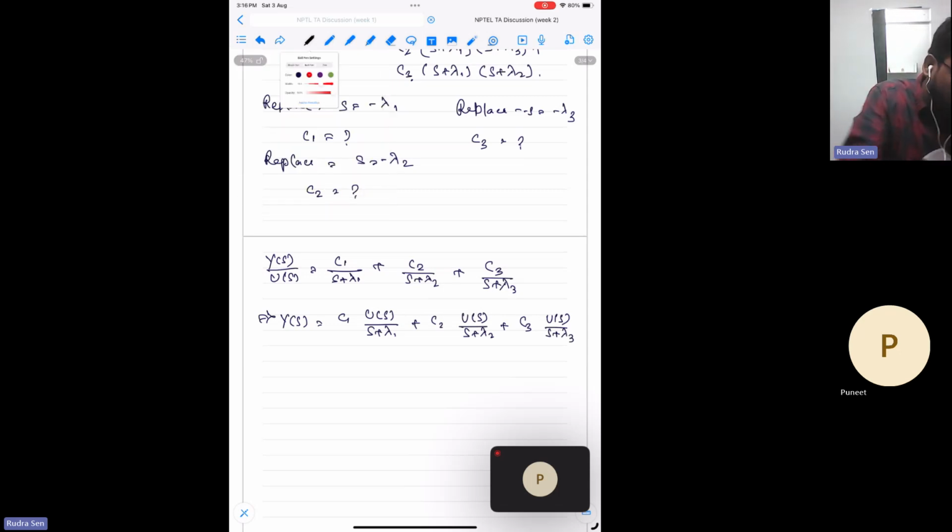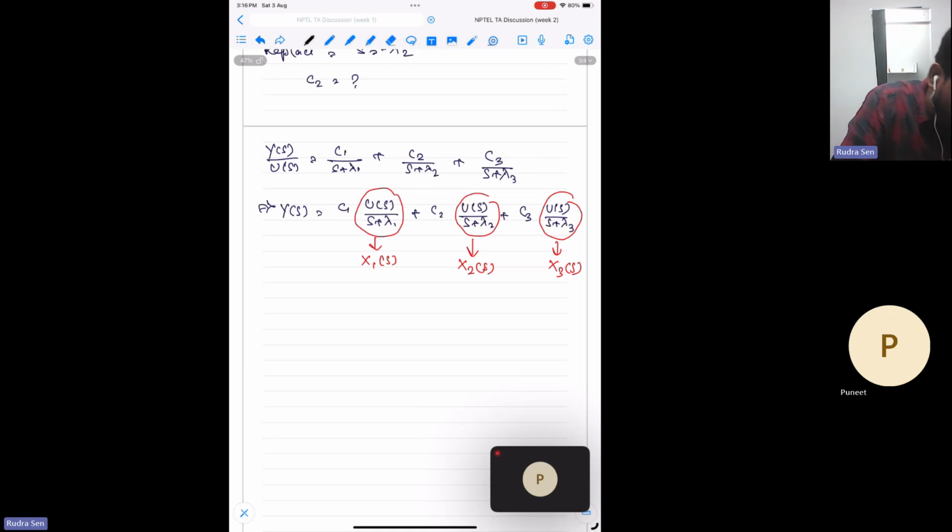Now you consider this term as X1(s), this term as X2(s), and this term as X3(s). So X1(s) is equal to C1 U(s) by s plus lambda 1, X2(s) is C2 U(s) by s plus lambda 2, and X3(s) is equal to C3 U(s) by s plus lambda 3.